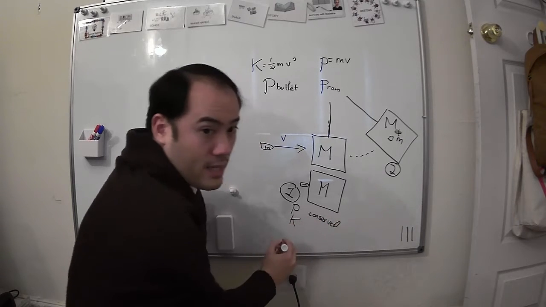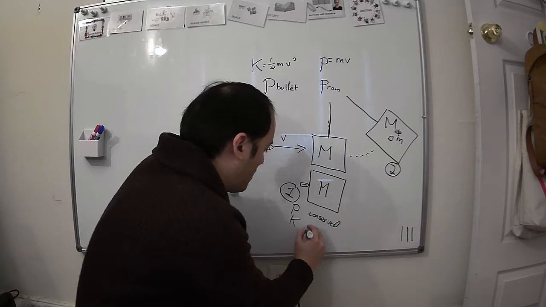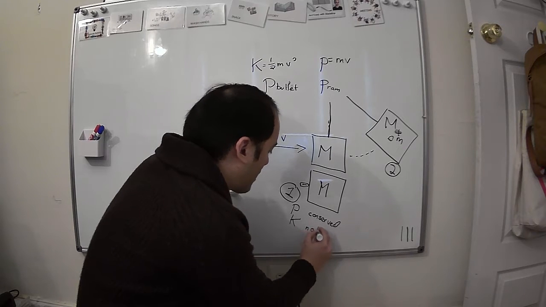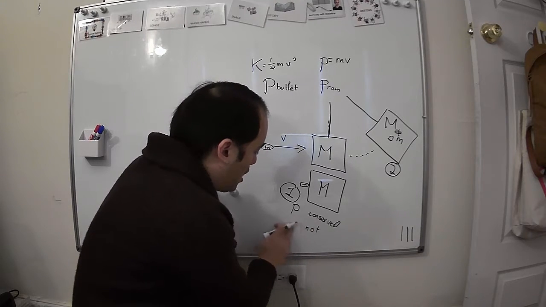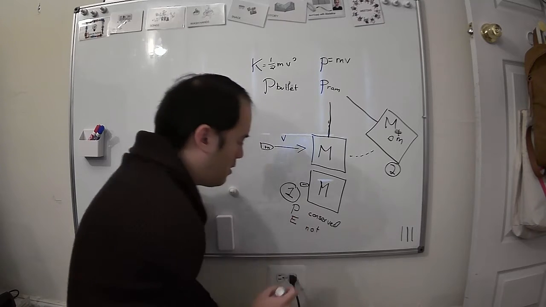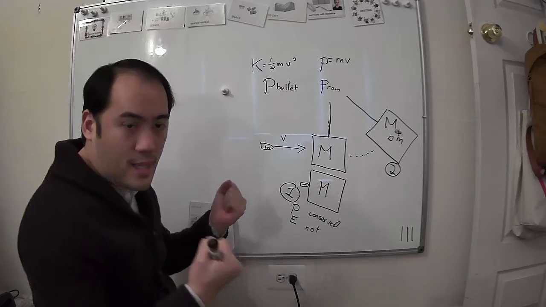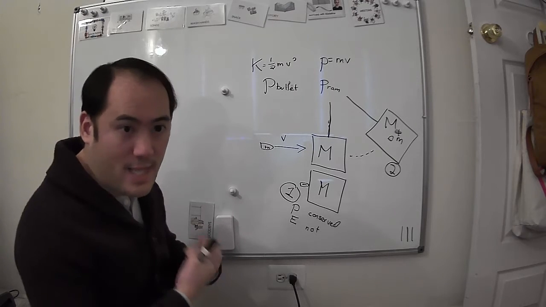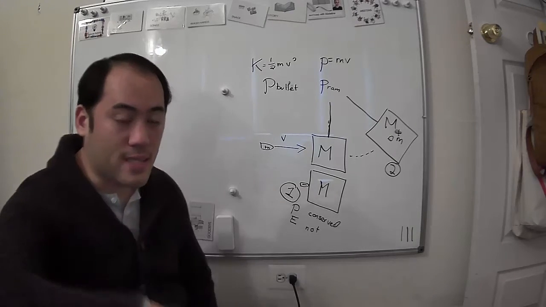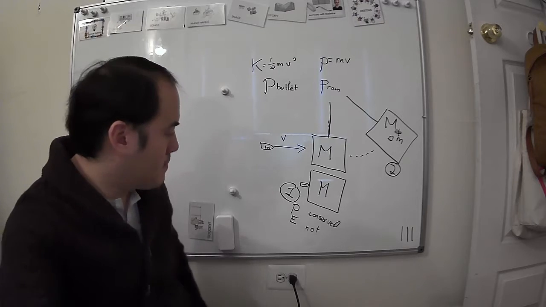Energy, mainly kinetic energy, is not. And I'll write E, not K. When the bullet enters the block, it's a collision, but it's inelastic, not elastic. So kinetic energy is not conserved, momentum is.